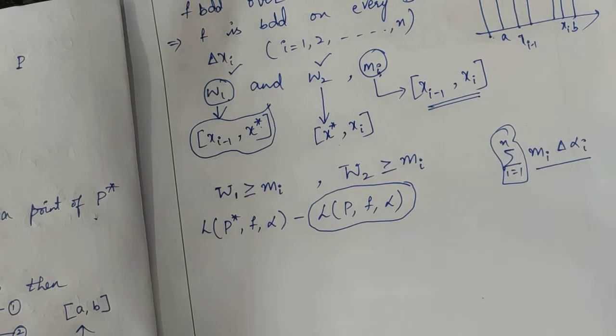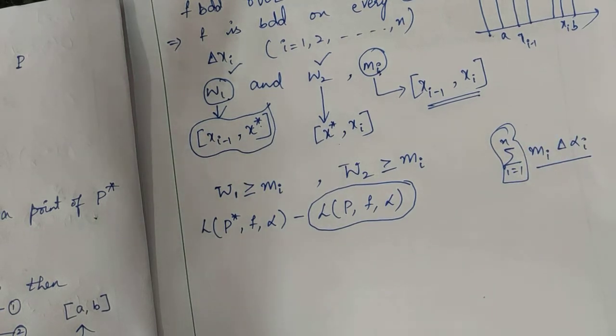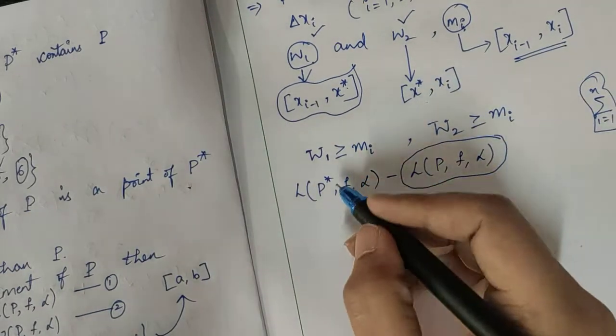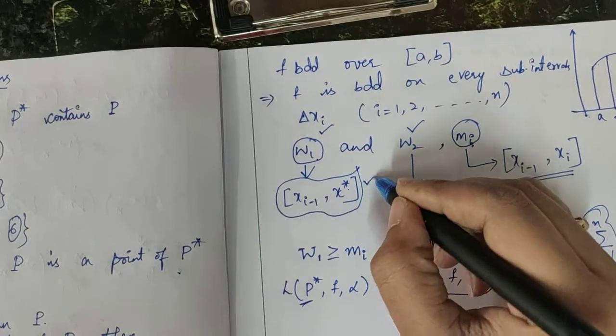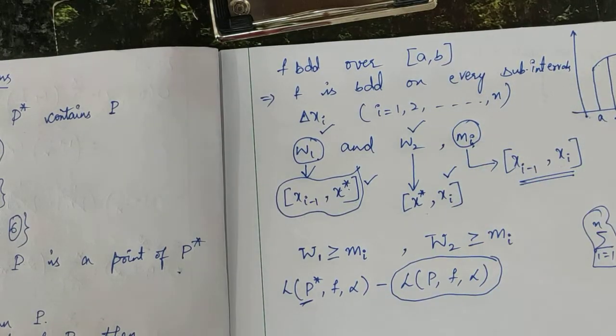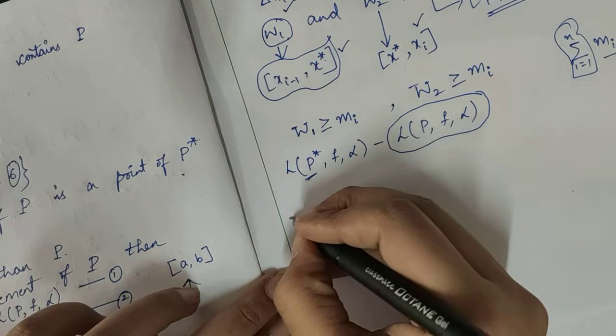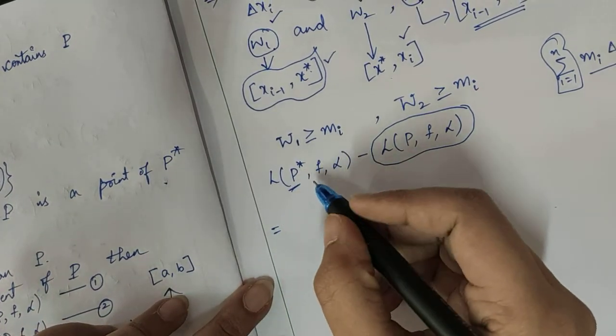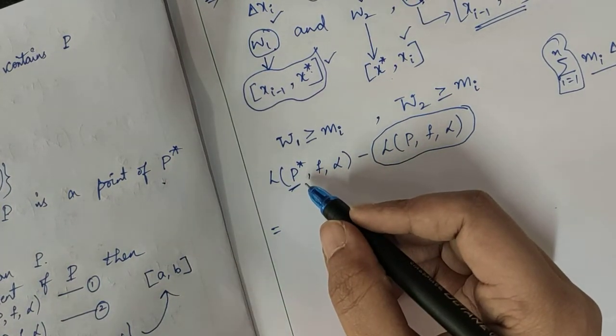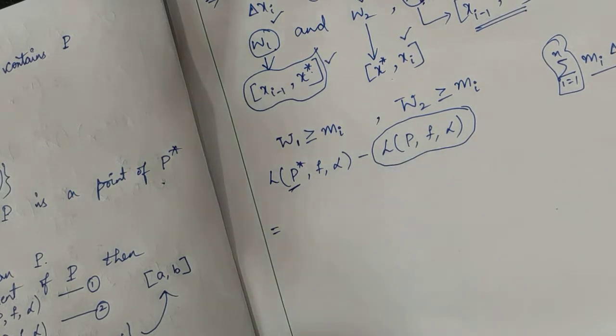You just write mi delta alpha i. Okay. So this p star is for two different intervals. So I can expand that as, we have seen that if we have two partitions, we will find out L of p comma f comma alpha for the two different partitions, then we will sum up those two.